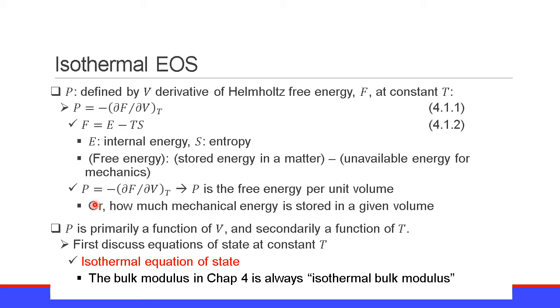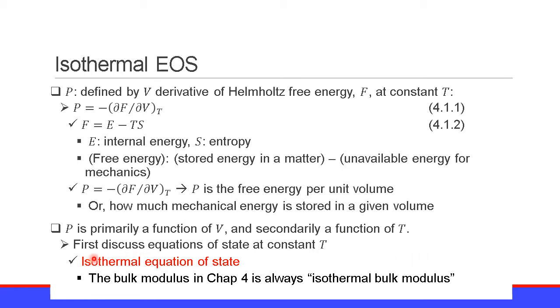From the equation P equals minus partial F over partial V at T, P means the free energy per unit volume, or how much mechanical energy is stored in a given volume. So the pressure P is primarily a function of volume and secondarily a function of temperature.